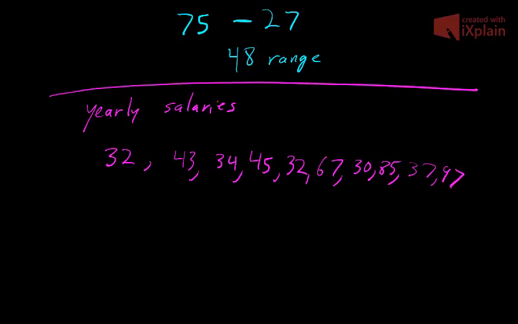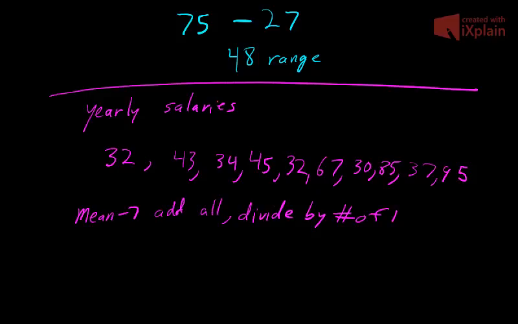So looking at these numbers, the first thing that I'm going to be asked to find here is the mean and the median. So to find the mean, one more time, we're going to add all of them, and we're going to divide by the number of numbers.